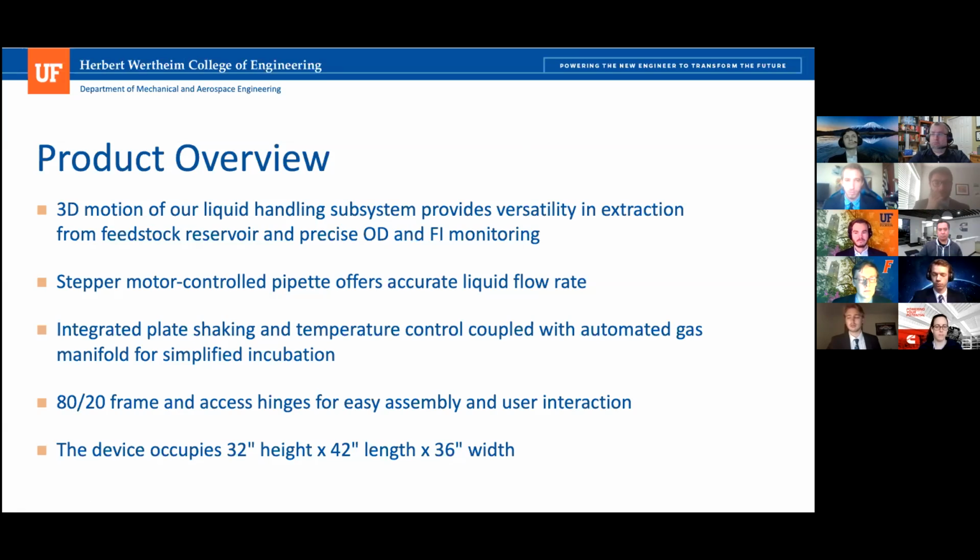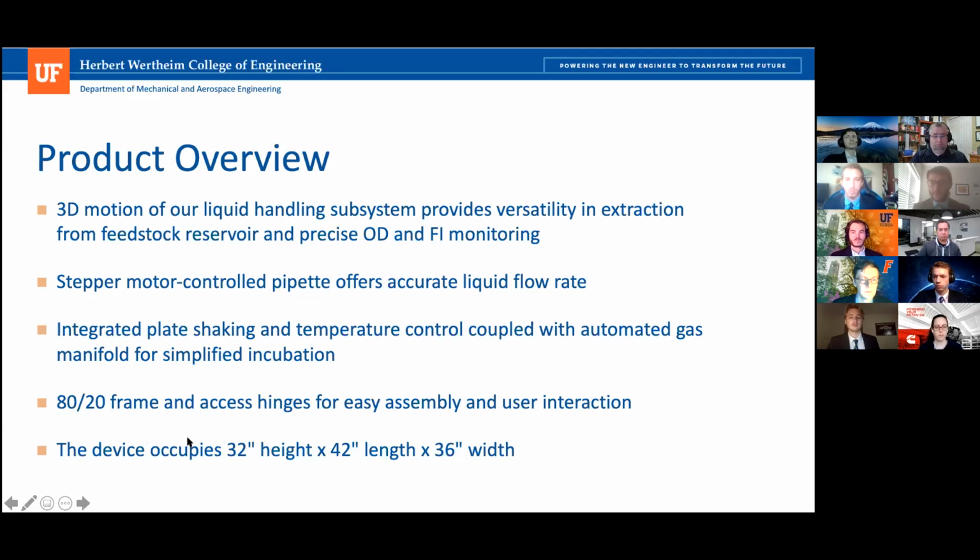And so that is kind of accomplished by our 3D motion system, which is kind of a series of tracks that will allow it to move in the X and Y direction, as well as an arm that can descend and move in the Z direction up and down, that can extract and dispense liquid from a reservoir into the well plates or test tubes, whatever we're using for experiments.